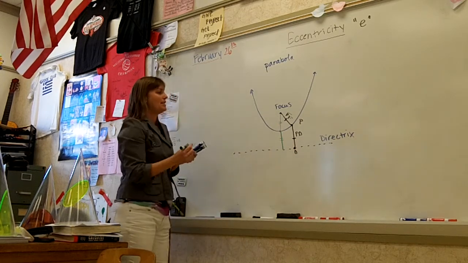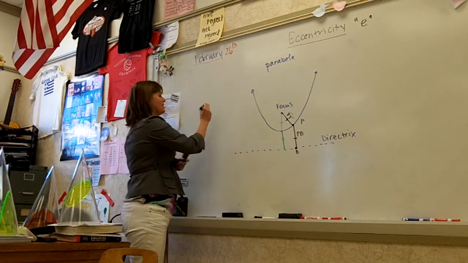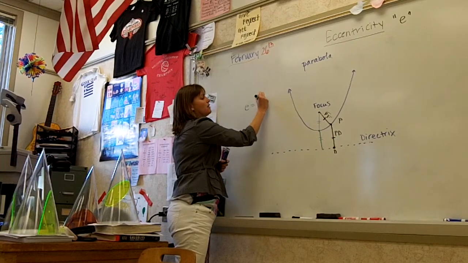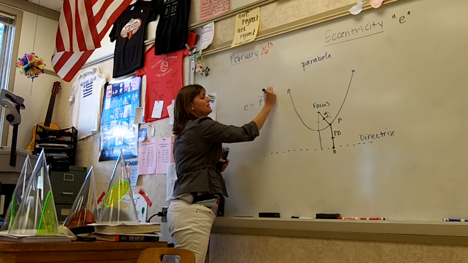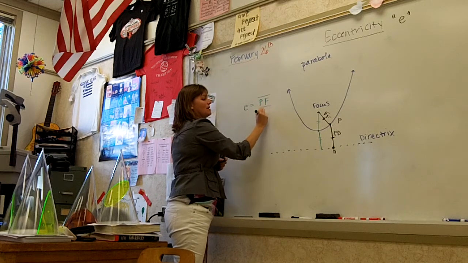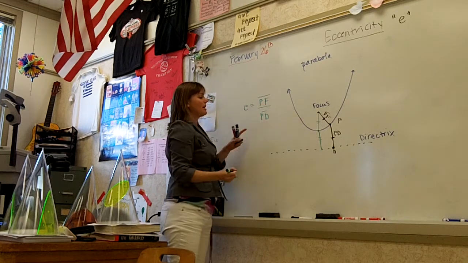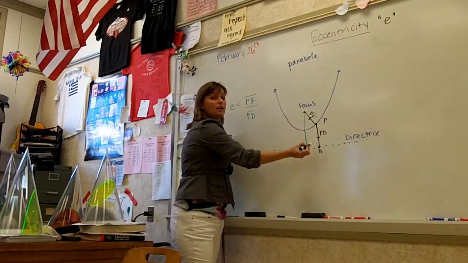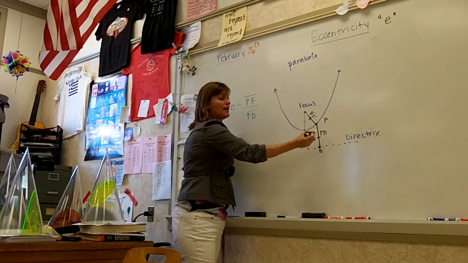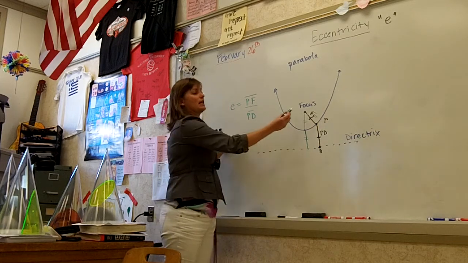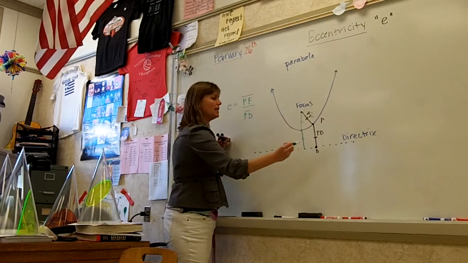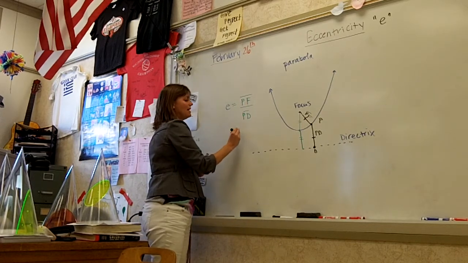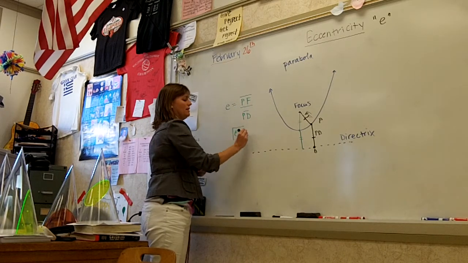So, as far as the eccentricity goes, the eccentricity is equal to the ratio from the point to the focus divided by the point to the directrix, these two distances. So because we know that on a parabola, these two guys are always equal, remember equidistant between a point and a line, for a parabola, the eccentricity is always equal to 1.